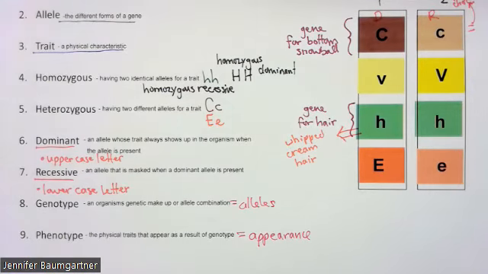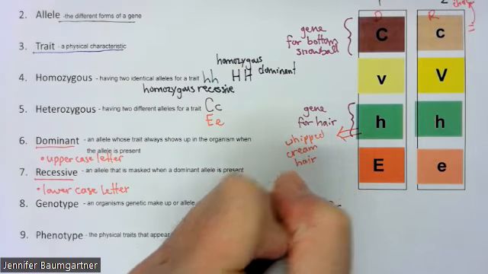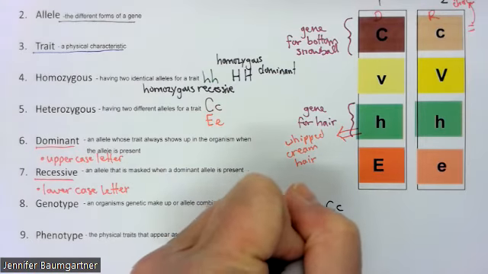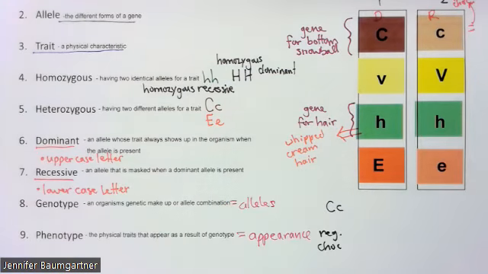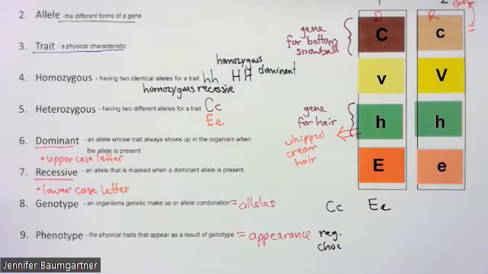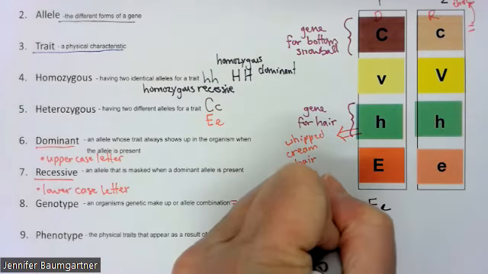The genotype of this snowman is capital C, lowercase c. The appearance, though, is a scoop of regular chocolate. The genotype is capital E, lowercase e. But the phenotype, again, this is a recessive and this is a dominant, so this snowman is going to have chocolate chip eyes.